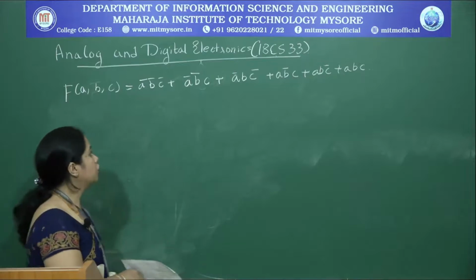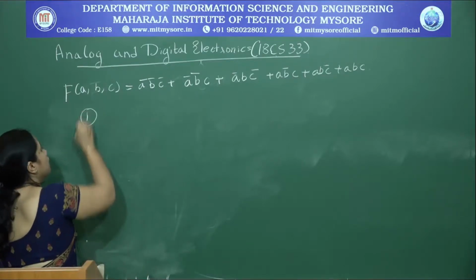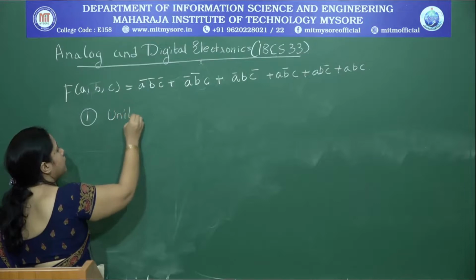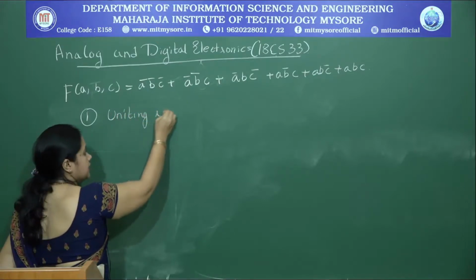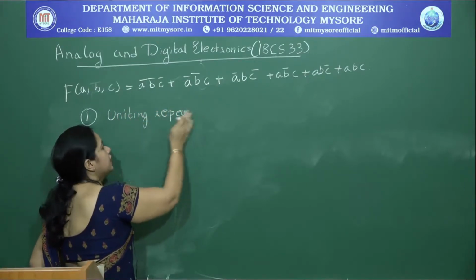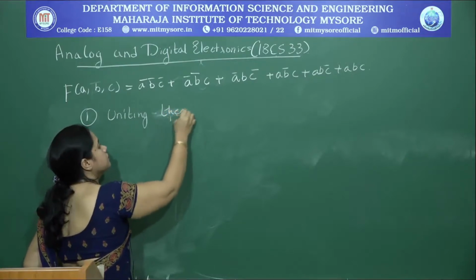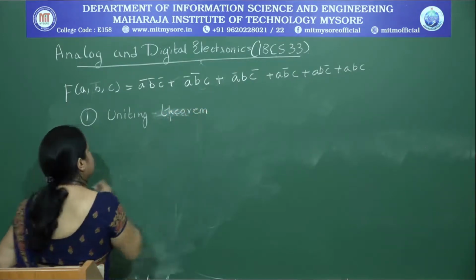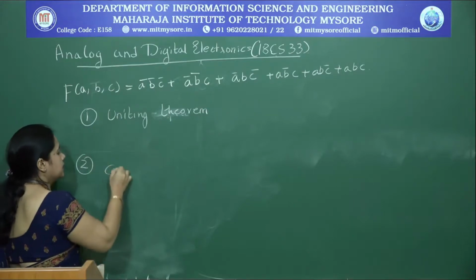The first step is to apply the uniting theorem repeatedly till further simplification is not possible, and the second step is to apply the consensus theorem.